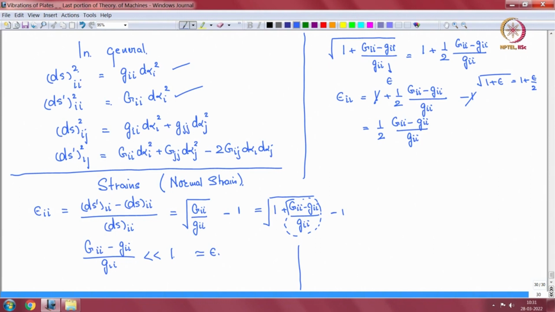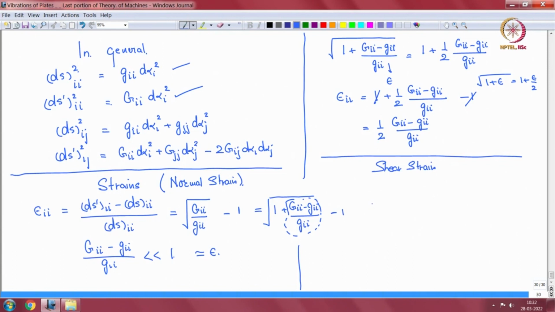Now what is shear strain? Okay. Shear strain, let's see, it's like this.